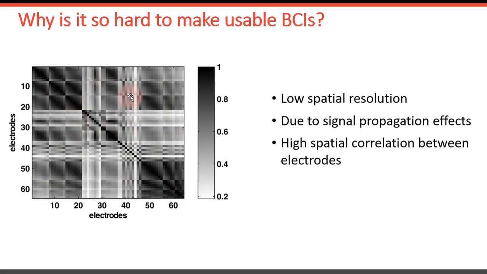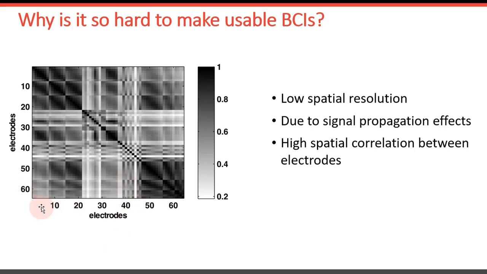So this is also called spatial blurring. So we cannot separate data between each different electrode. For instance, if you take a look at electrode 60, it is very highly correlated with other channels, other electrodes, which is bad news.